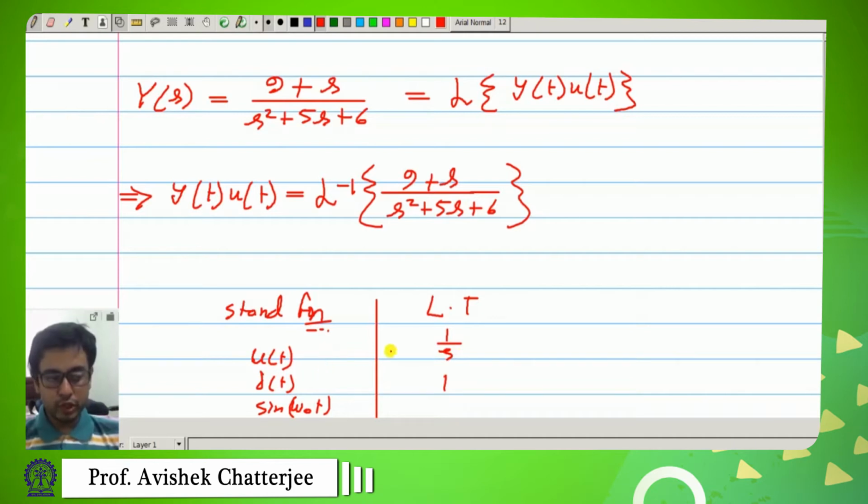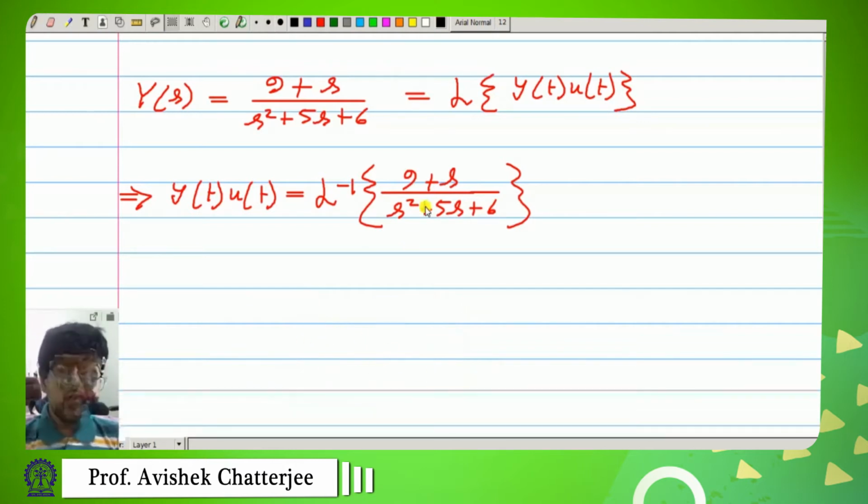What we do, we have to remember these standard formulas, and then given any arbitrary function, we have to reduce it as a combination of these standard Laplace transform formulas. Okay, and from that we will calculate Laplace inverse by consulting this table.